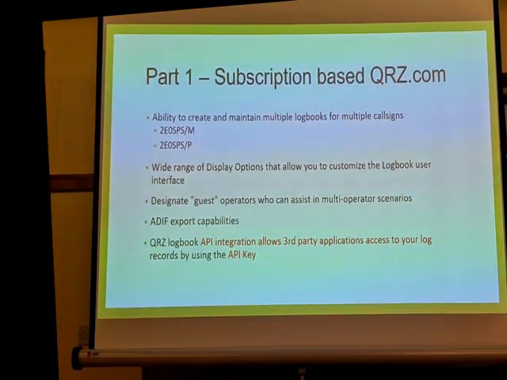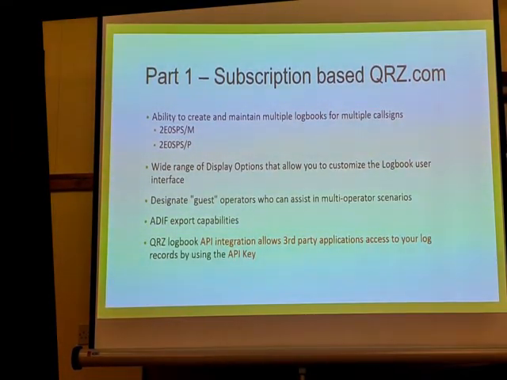Right. So if you pay a subscription, you get the ability of adding some additional call signs. My call sign is 280 SPS, but I actually can add QRZ stroke mobile, stroke portable. I had an occasion this year where I was portable and I contacted my first ever aeronautical mobile station.